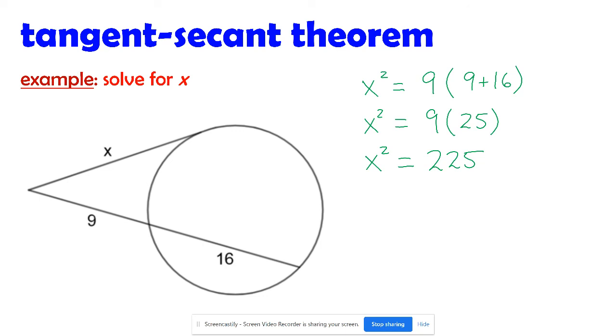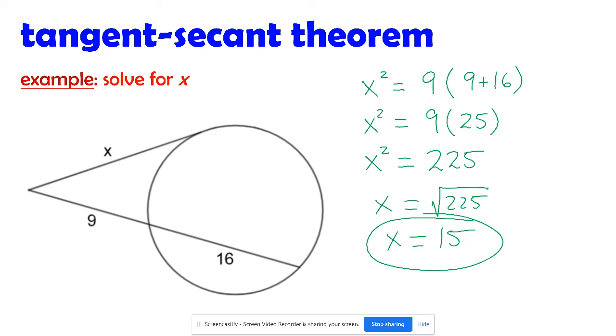All we need to do here is think what number squared equals 225. Or the other way you can think of this is take the square root of 225. The good news is the square root of 225 is a nice whole number. It is 15. So our answer here is x equals 15. And that's what we're looking for, the value of x.